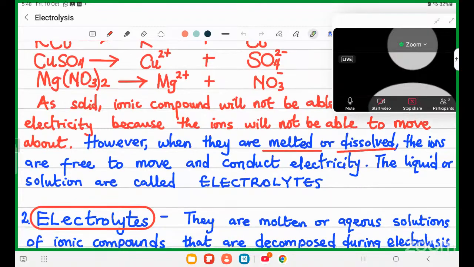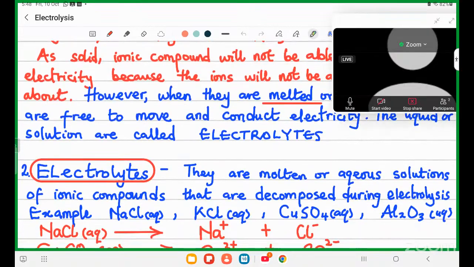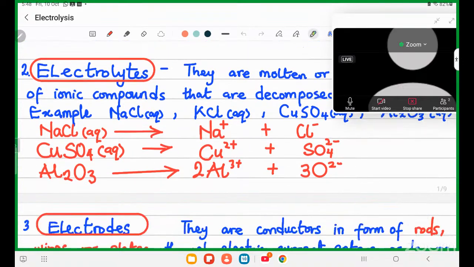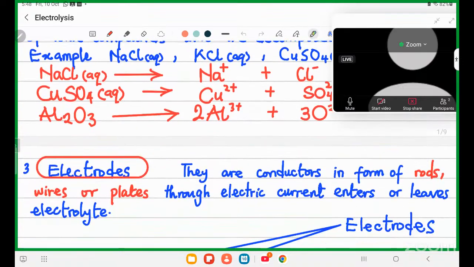Then we mentioned some other terms we use in electrolysis. We explained the meaning of electrolyte, that is the molten or aqueous solution of an ionic compound that's decomposed during electrolysis. And then we explained the meaning of electrodes.